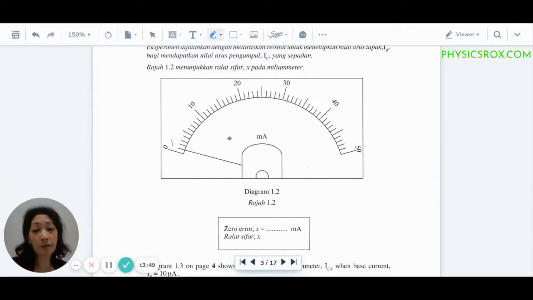Then you must remember that when you record this value, it has to follow the sensitivity of this measuring instrument. So take a close look and let's see how many decimal places this milliammeter has. Does it have like 1 or 2?